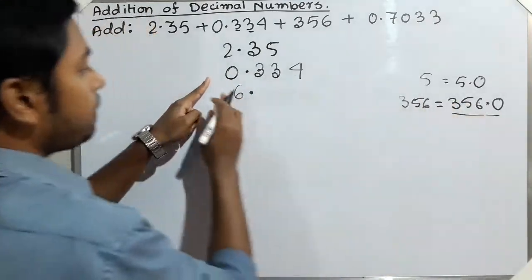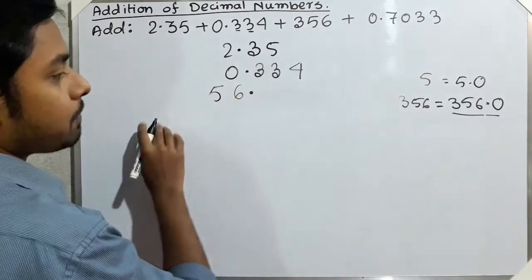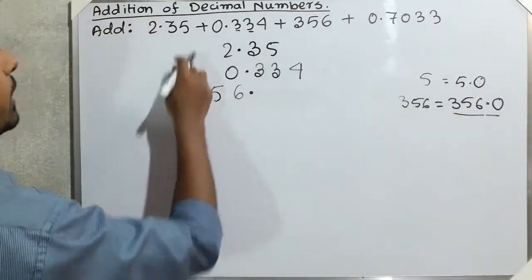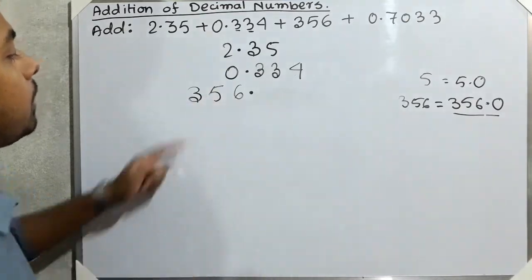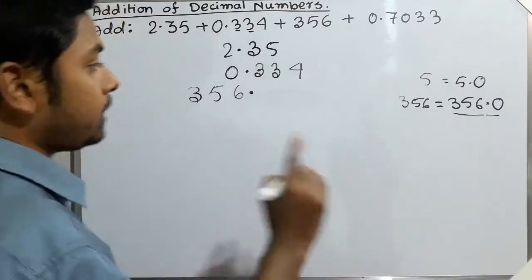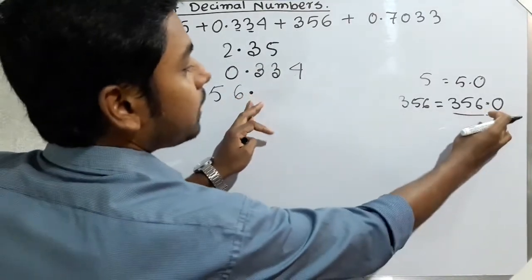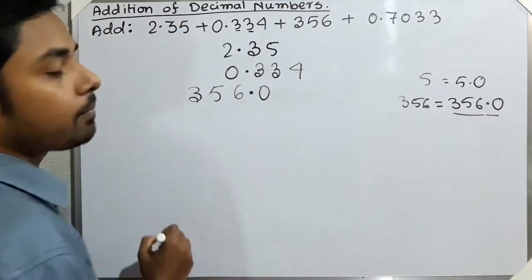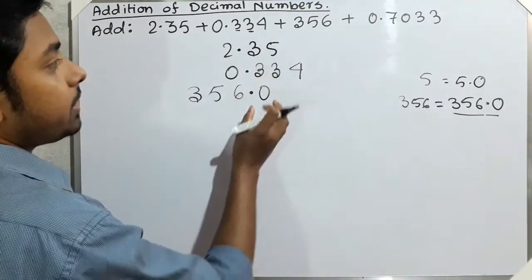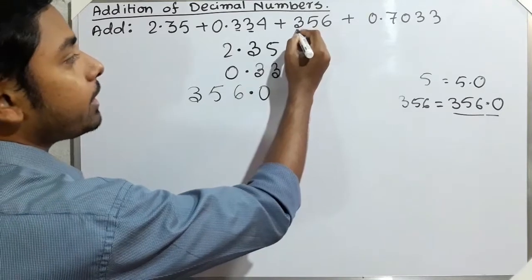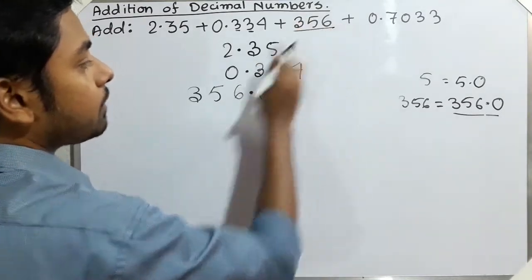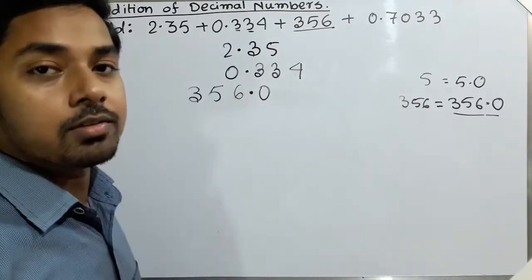Before 6 is 5, so write 5 in the blank space, and before 5 is 3, so write 3 in the blank space. Now after the point it is 0, so no problem. Clear? Concentrate on how we have written 356 here to arrange.